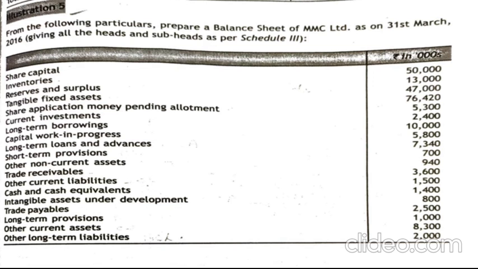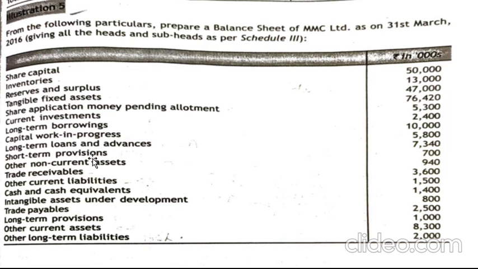Long-term borrowings, non-current liabilities. Capital work in progress, non-current asset. Long-term loans and advances, non-current asset. Short-term provisions, current liability. Other non-current assets will come under non-current assets. Trade receivables under current assets. Other current liabilities will come under current liabilities.